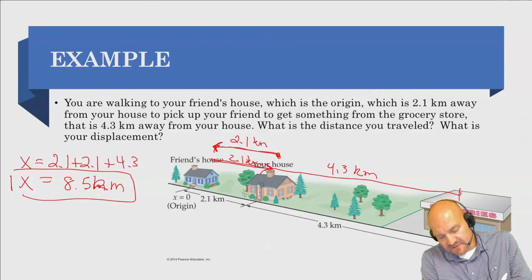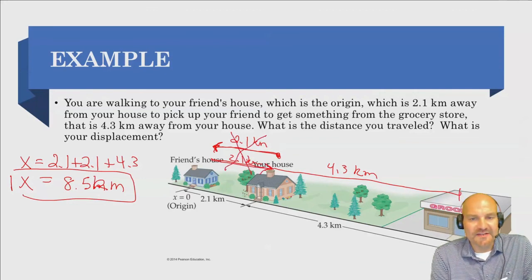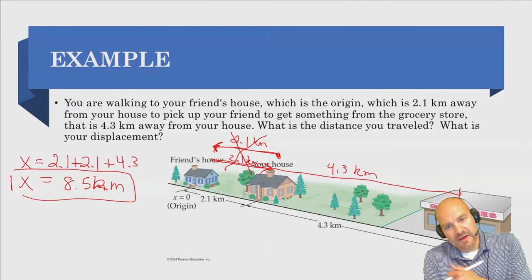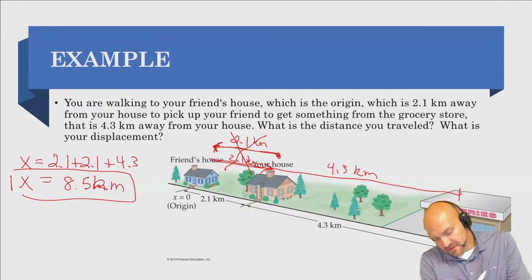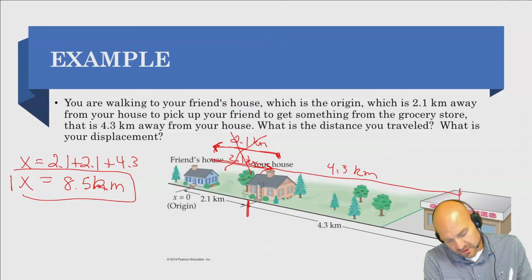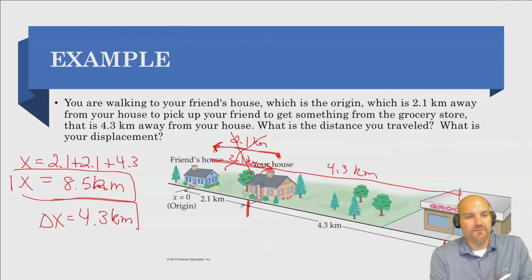So basically, in terms of displacement, we've essentially canceled out that portion of the trip, because we go negative 2.1 kilometers and then we go positive 2.1 kilometers, which means my displacement is simply from my house to the grocery store, which we don't have to do any fancy calculation because it's just given to us as 4.3 kilometers.